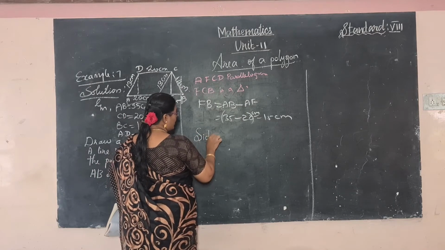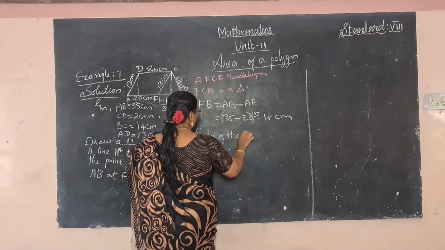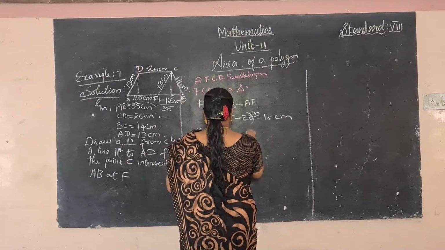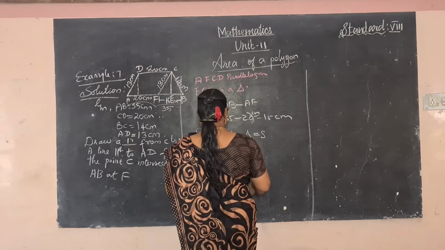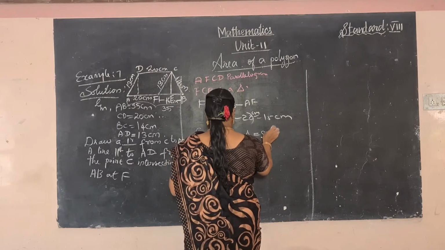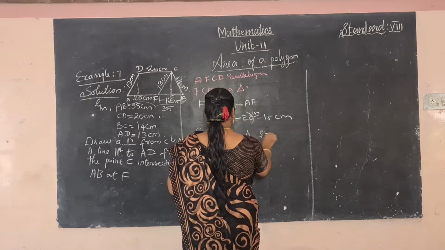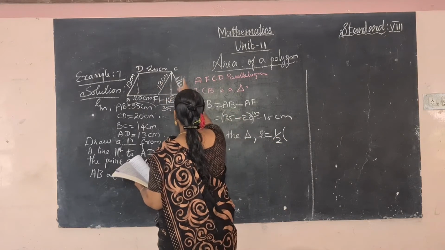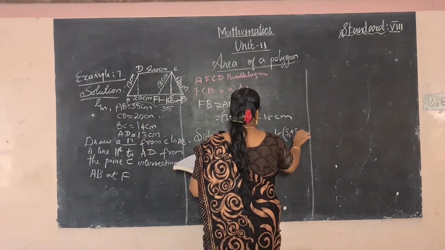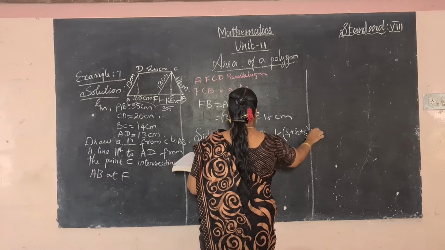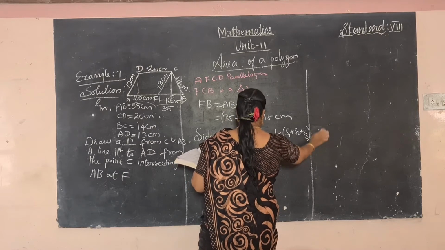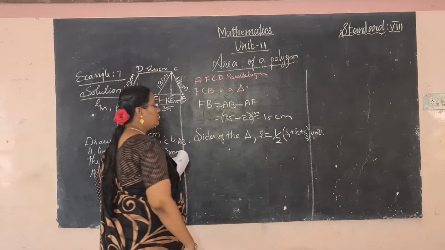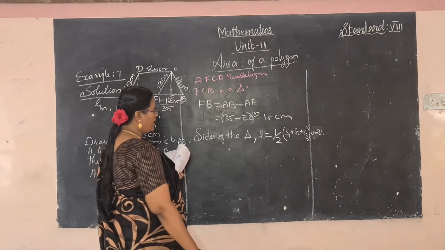Sides of the triangle, S is equal to half into the sum of the three sides. What are the sides? Side 1 plus side 2 plus side 3. So we calculate S. How can you calculate?